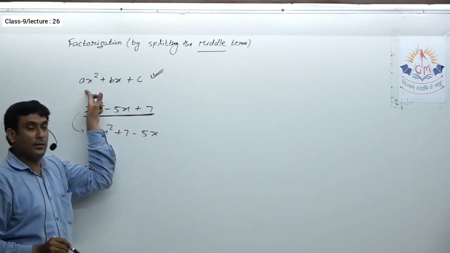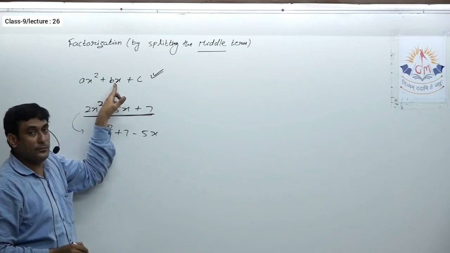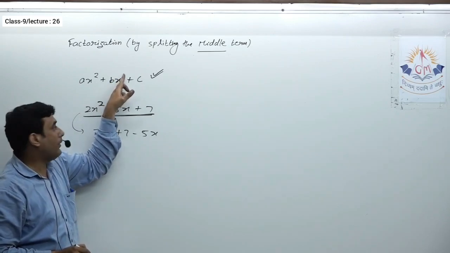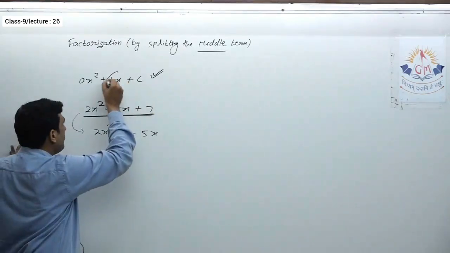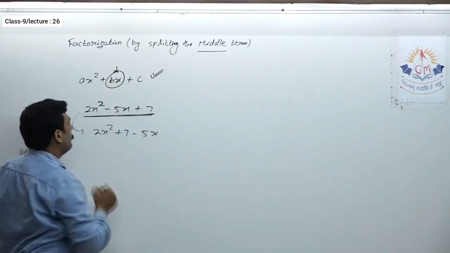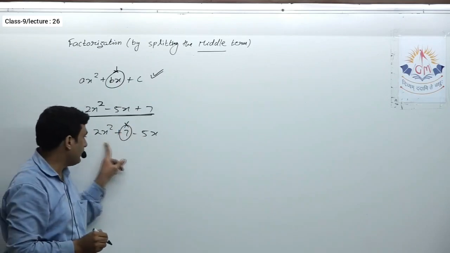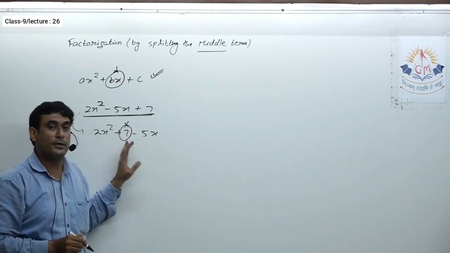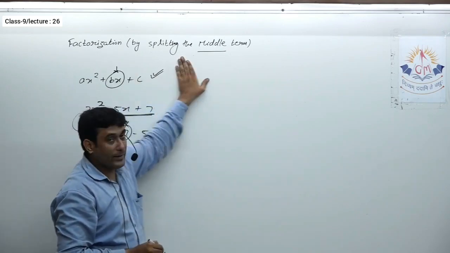Standard form means the first term should be of power 2, the second term should be one in which the power of the variable is 1, and the third is the constant term. In that case, whatever is in the middle is called the middle term. Here 7 is not the middle term, because this particular expression is not written in the standard form.